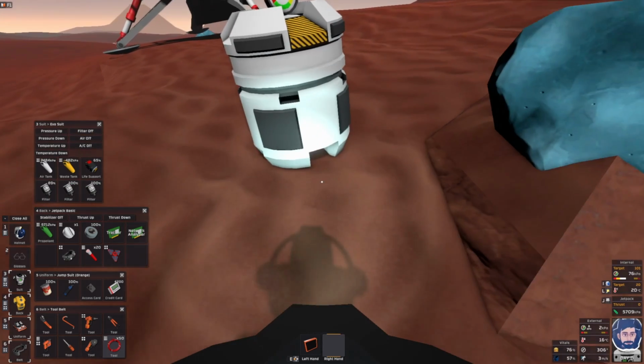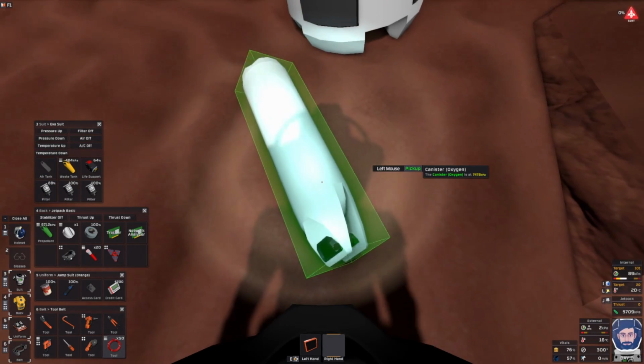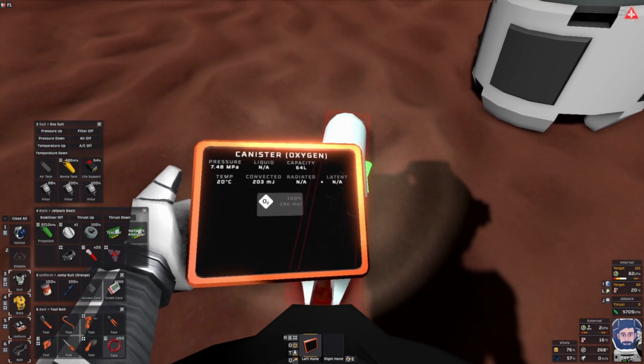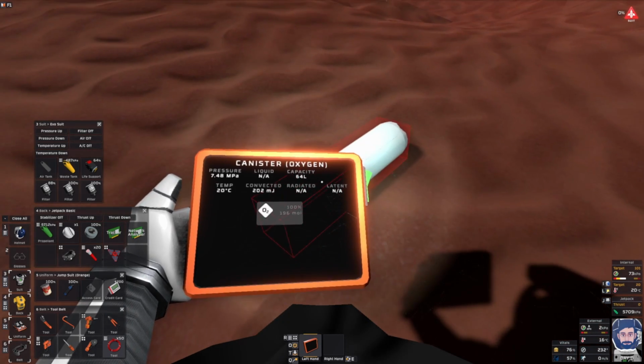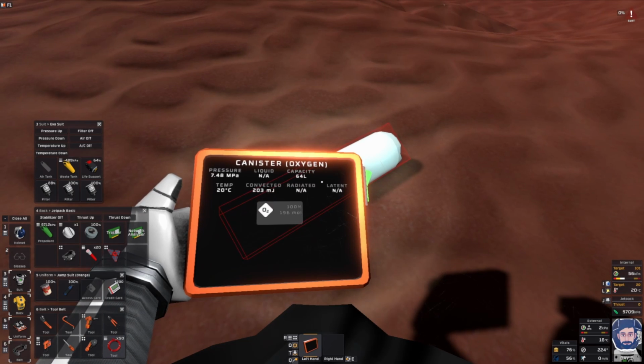The pressure in my air tank is now 7.4 megapascals. If I once again look at my canister, instead of 128 moles, I have 196. So about 70 moles were added from the tank into this canister.